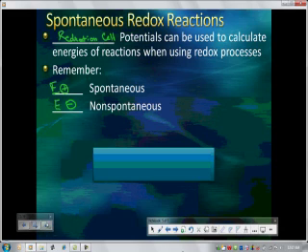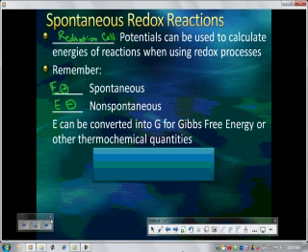Well, if we know what spontaneity means for the cell, then we can convert that into another measure of spontaneity for your reaction. That delta G value is also measuring spontaneity. So we know delta G is equal to minus n times the Faraday constant, which is like a cursive F, times the value of your E cell.